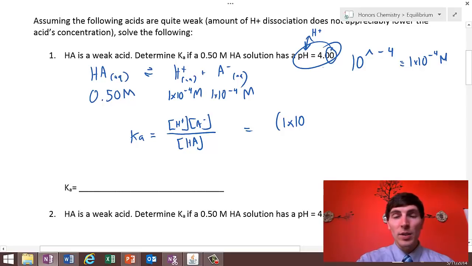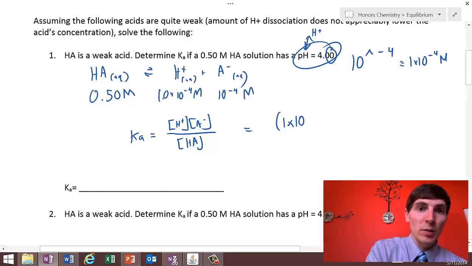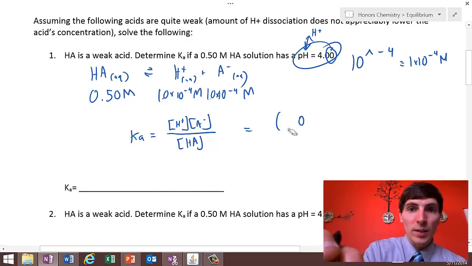Right here on my pH, these last two zeros are going to be significant. So I need 2 sig figs. I'm going to rewrite this for you just to be consistent as 1.0 times 10 to the negative 4th.